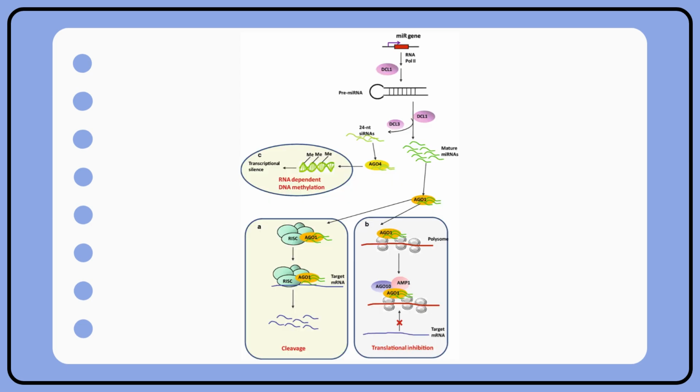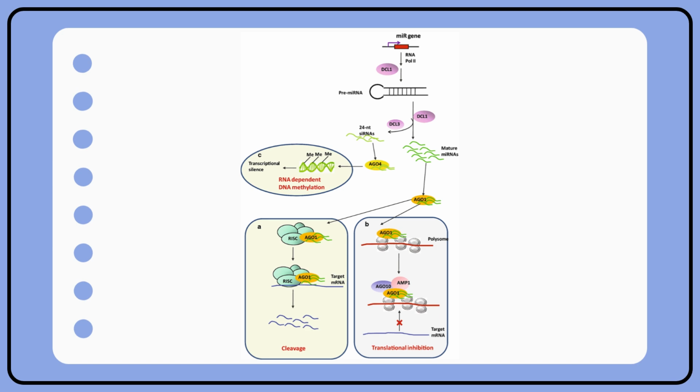Another type of RNA-mediated silencing is conducted by miRNAs or microRNAs. MicroRNAs also can bind to specific mRNAs, but the difference between microRNAs and siRNAs is that miRNAs don't always destroy the mRNA molecule. Sometimes miRNAs can cut the mRNA, and other times they just block the mRNA from being translated into protein.